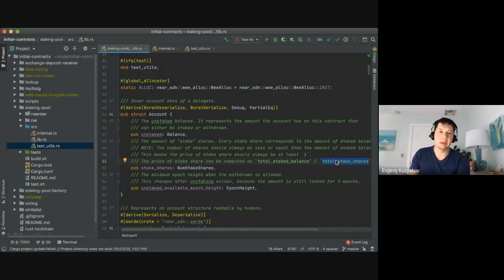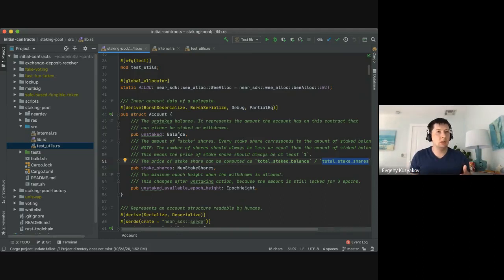Now, if someone else wants to stake at this time, they will purchase stake shares internally within the contract at the price of 1.01. That is because every share is now equal to 1.01 NEAR.